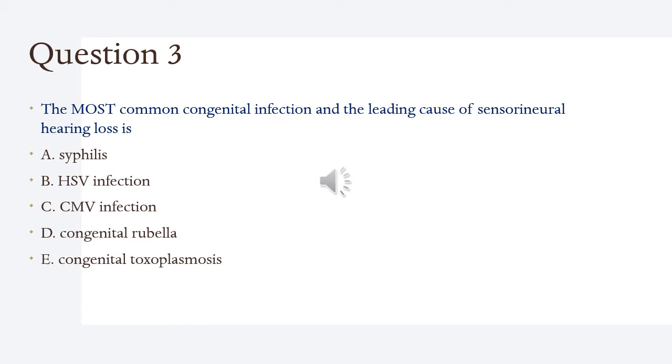So the most common congenital infection is CMV infection, cytomegalovirus, and it's actually the leading cause of sensorineural hearing loss. So the most common congenital infection and the leading cause of sensorineural hearing loss is cytomegalovirus.